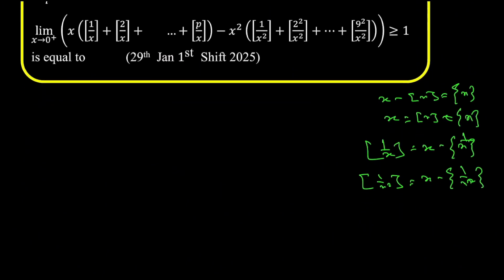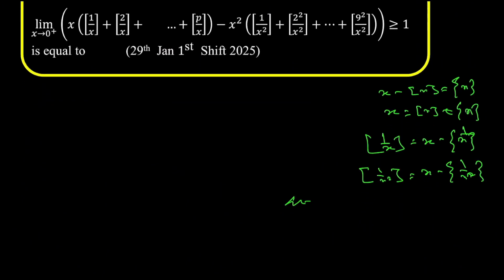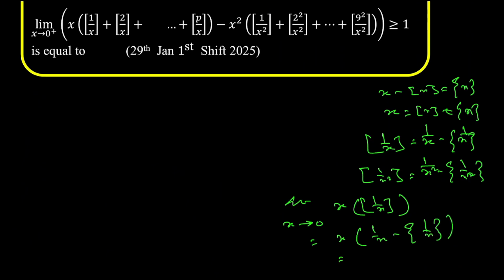And if I write just roughly, limit x tends to 0, x into box of 1 by x, just one term I am showing you, then it will be repeated. That is x into box of 1 by x, so 1 by x minus fractional 1 by x. So this is coming to be x into 1 by x is 1, minus x into fractional 1 by x, and this portion is coming 0.